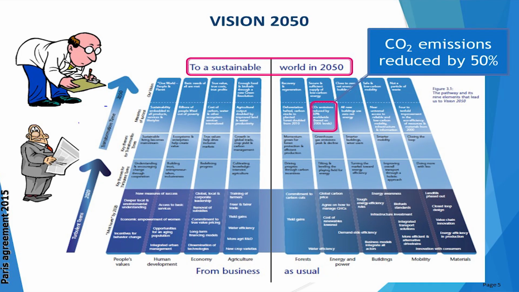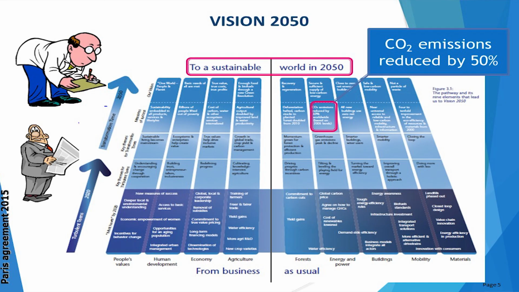Unfortunately, in Pakistan, we are not thinking about these things. A lot of senior professors are here, they know about these things. But the European Commission gave this Vision 2050, where they want to achieve a 50% CO2 emission reduction.